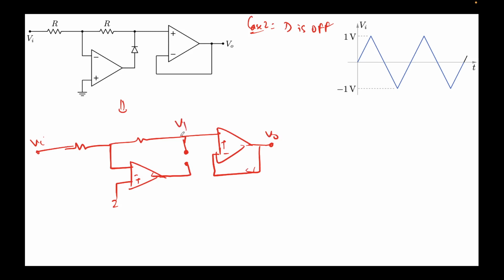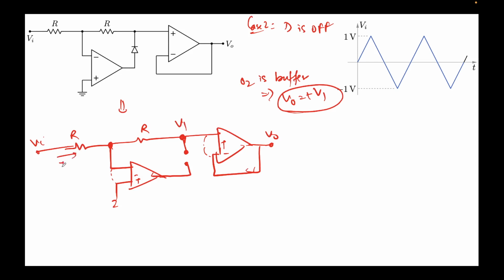Note this is what we have been taking as V1. This is again R and R. This node will be at 0 because of the virtual short again. We know that O2 is buffer. This will give us V0 equal to plus V1. So we just need to find out the voltage at this node, correct?